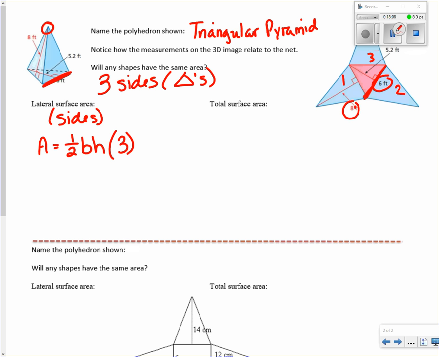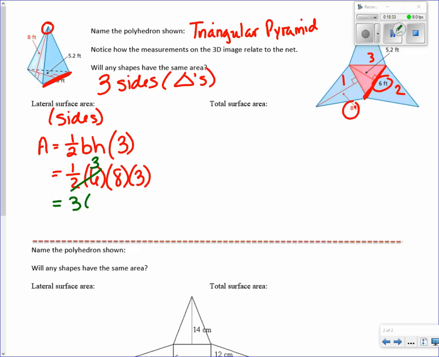It may not be that way for all of them, but in this particular example, all are the same. So when I fill in 1/2, the base of my sides, which we had circled, was 6. The height was 8, and then I'm still going to multiply by that 3. So I'm going to do the same thing that Ms. Holt did earlier. I'm getting rid of my 1/2. I'm going to cancel my 1/2 with my 6, and that's going to become a 3.